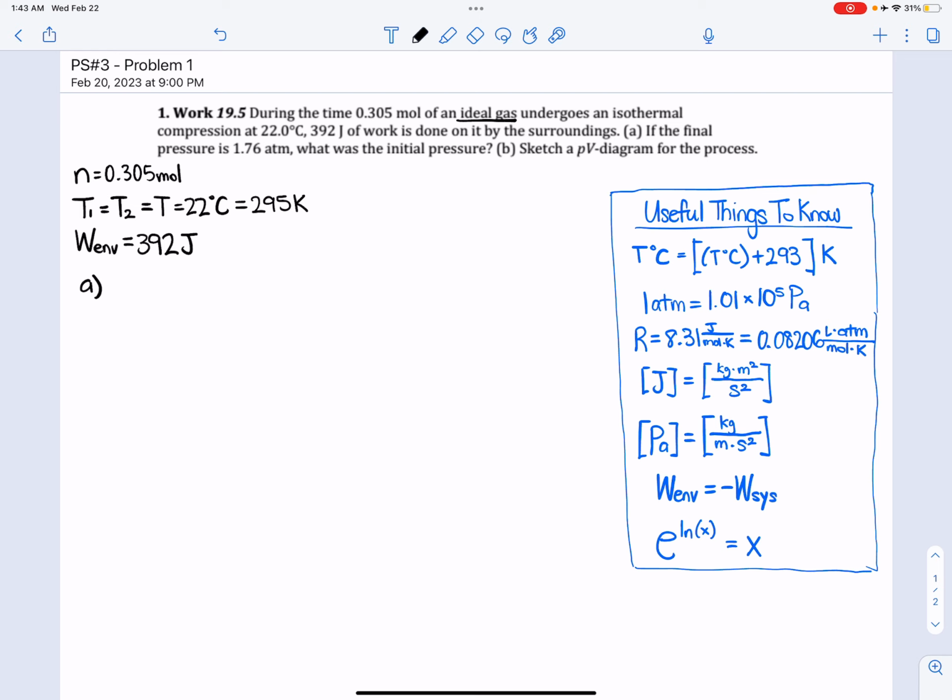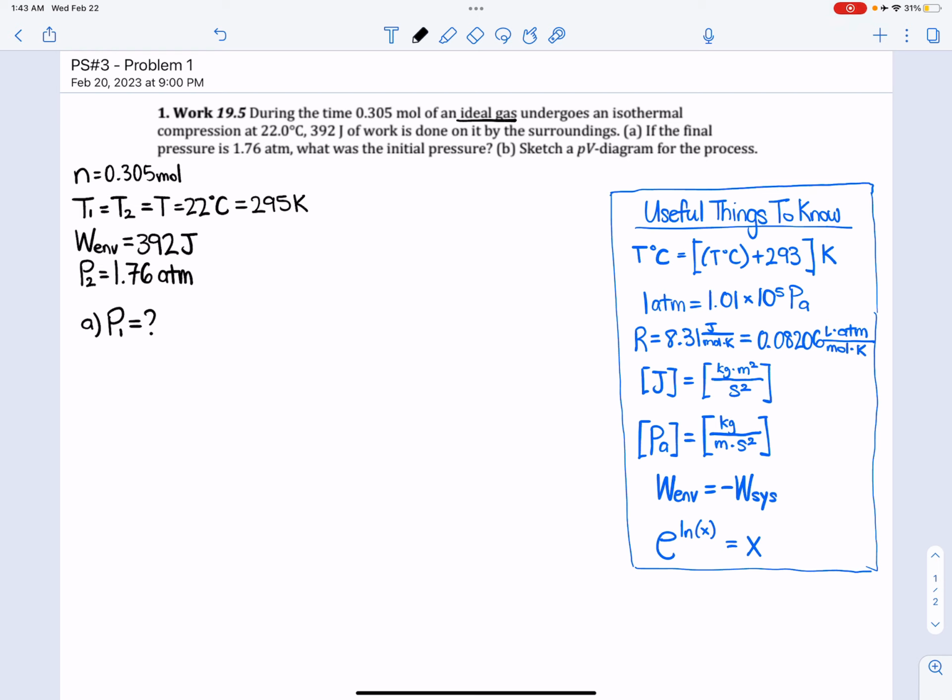We're also given that P2 is equal to 1.76 atm. And for part A, we want to know what is the initial pressure? What is P1 equal to?